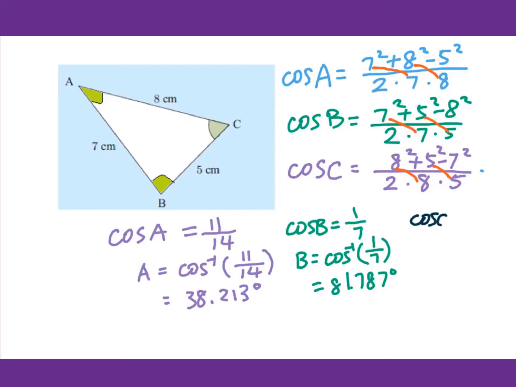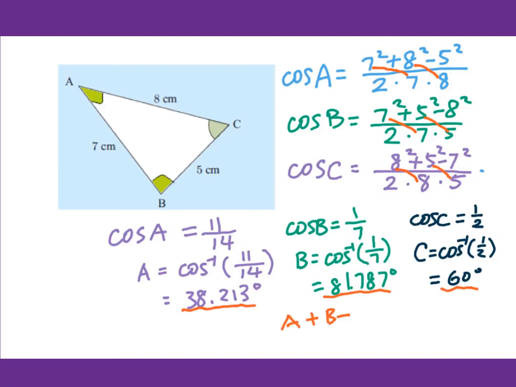For cosine C equals 1 over 2, C equals inverse cosine of 1 over 2. That's 60 degrees. If you add A, B, and C, that's 180 degrees.